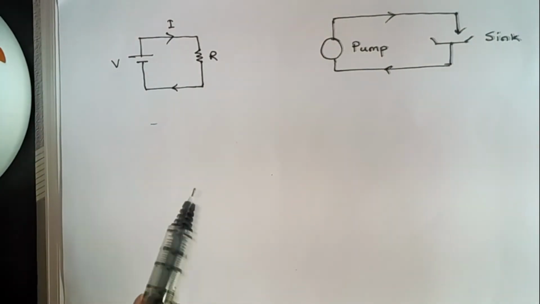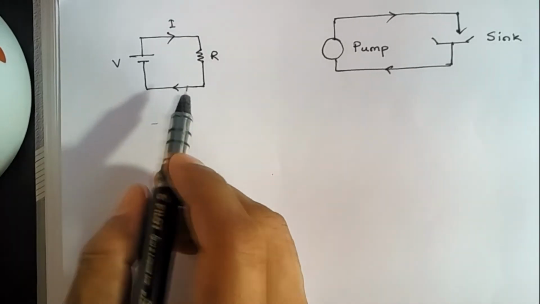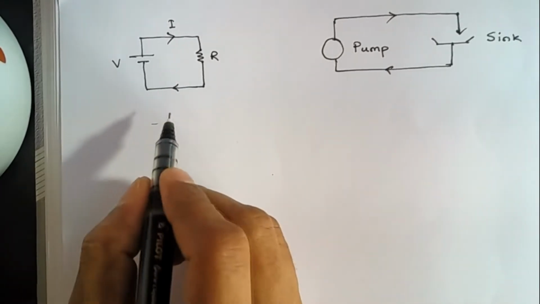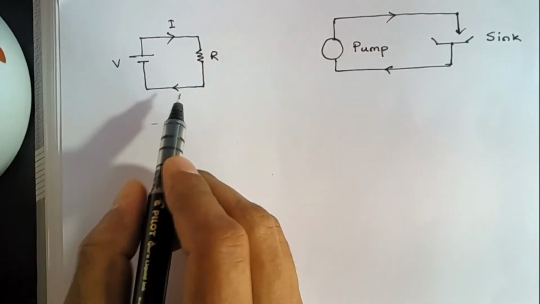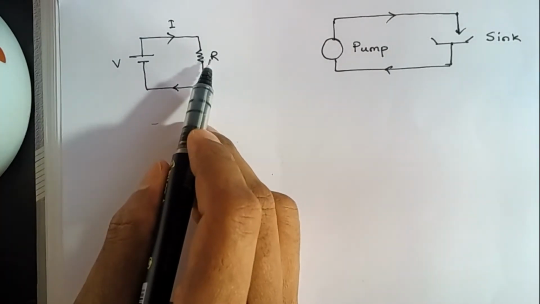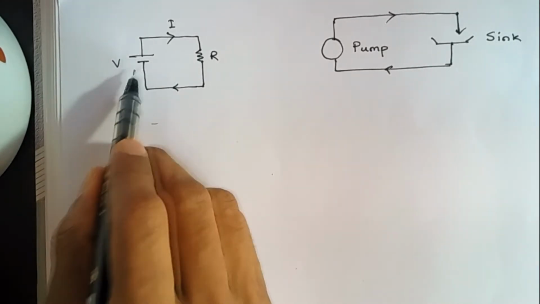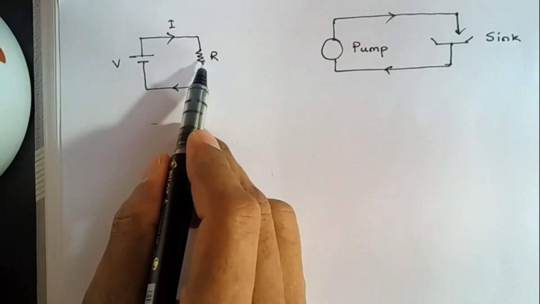We have seen the simplest diagram of an electrical system: an electrical circuit consisting of a voltage source and a resistance. Right? This is a voltage source, DC voltage, and this is a resistance.